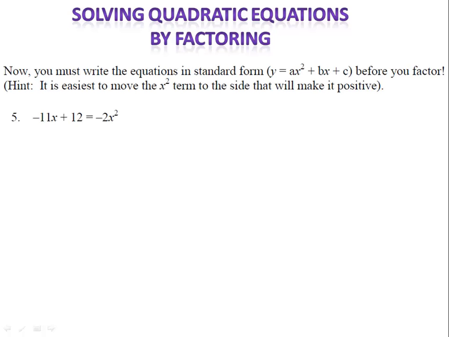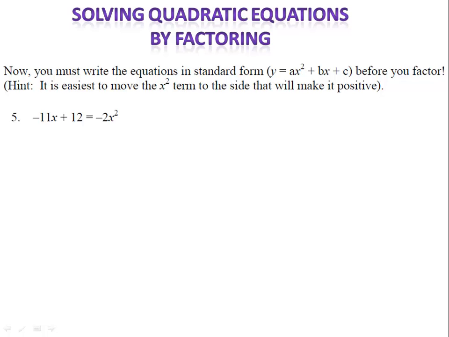Example 5 is a beautiful illustration of how things could look. You could have things on any side of the equal sign, and you need to move them around. Now here's a hint. It's easiest to factor if your x squared is positive. So my recommendation is to always move x squared to whichever side will make it positive.